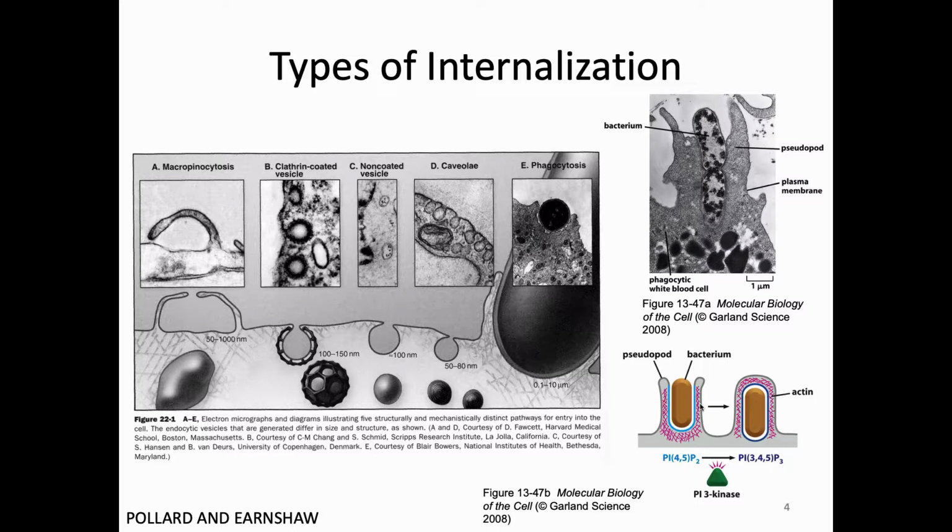Phagocytosis is the famous way we can acquire antigen. But officially clathrin-coated vesicle, non-coated vesicle, and caveoli all would be types of endocytosis. So we can also have these smaller types of internalization, where an antigen is brought in. We will still make some type of smaller vesicle, and it will end up looking pretty similar.